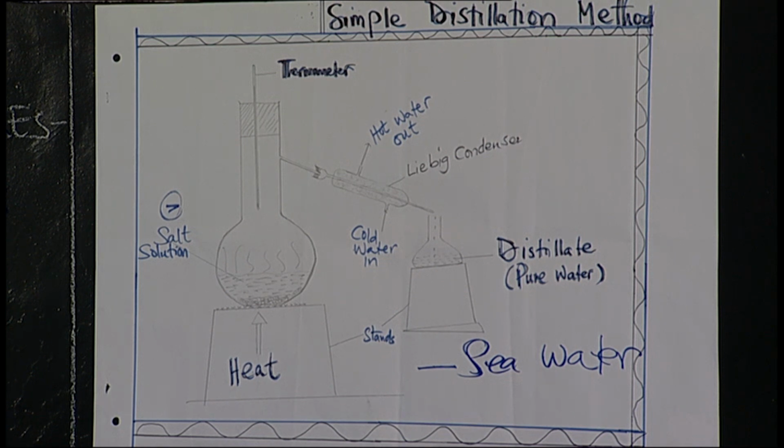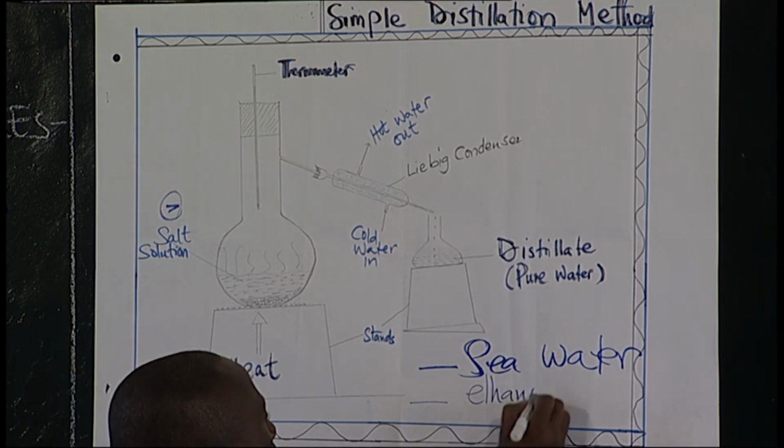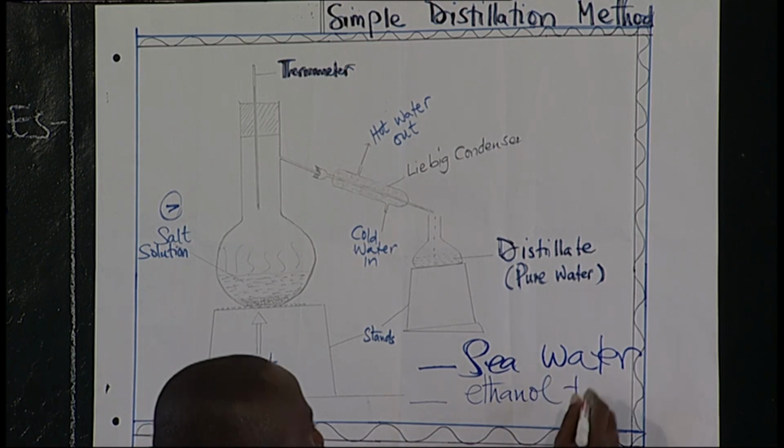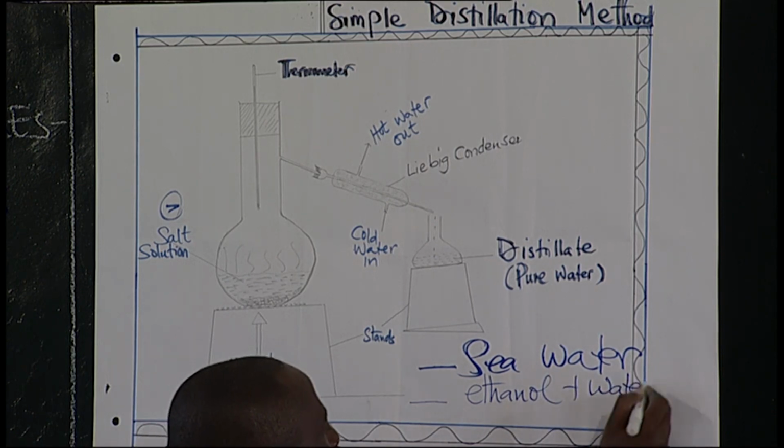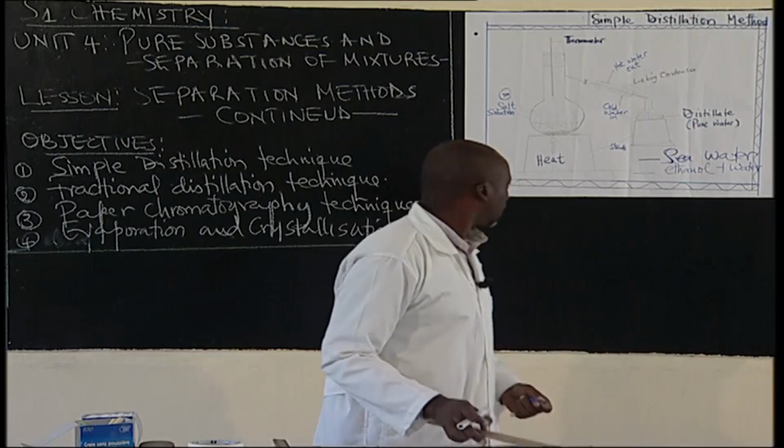Before we look at the principle, another mixture that can be used in this simple distillation is ethanol and water. So we are looking at the boiling point of these substances.